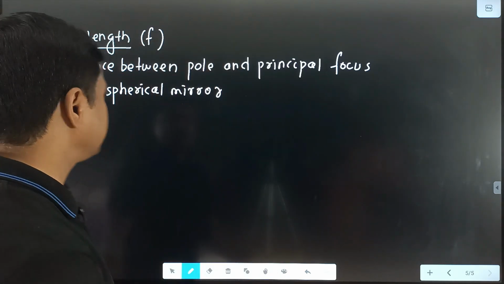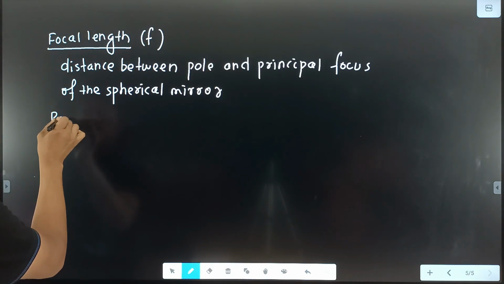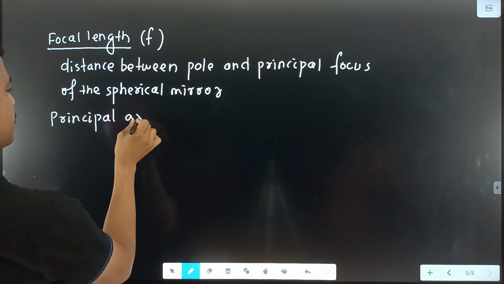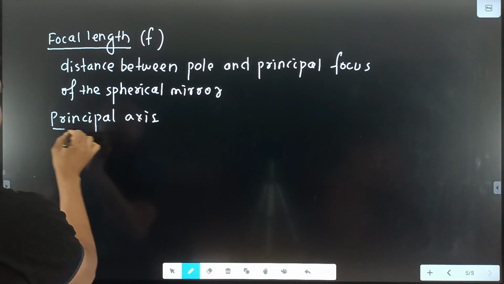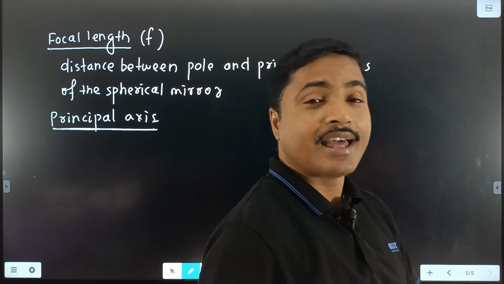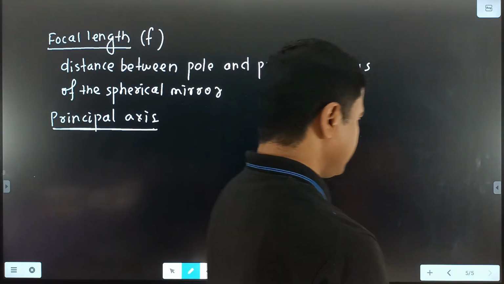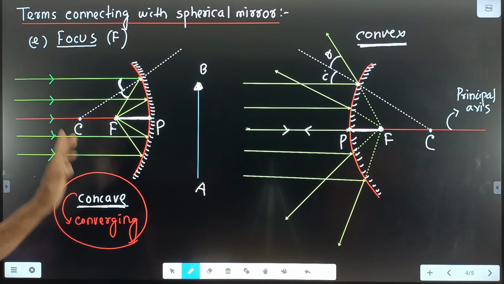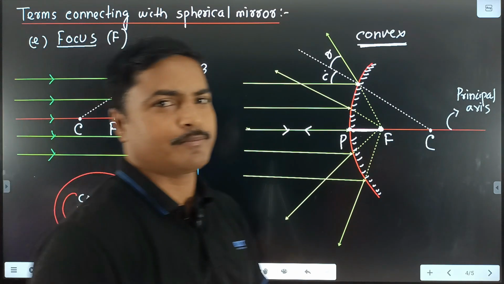Clear? And you know the principal axis. The principal axis is the line passing through the pole and center of curvature.